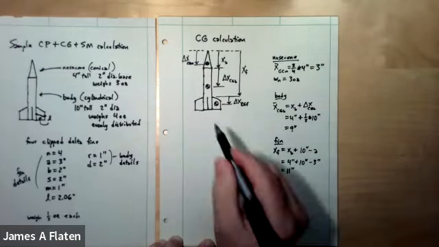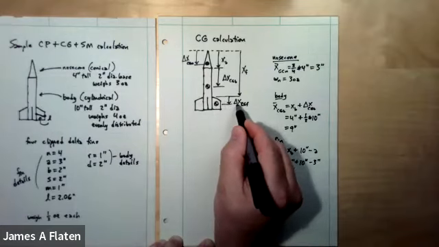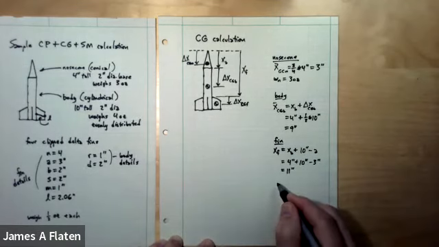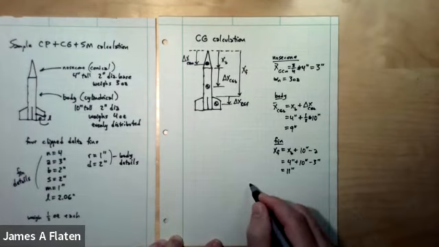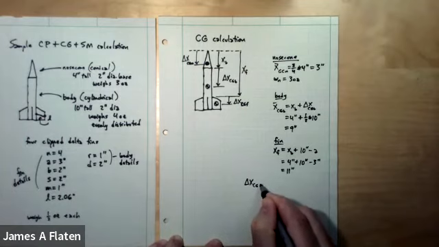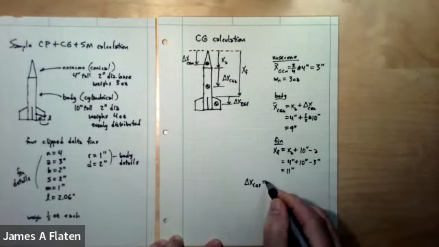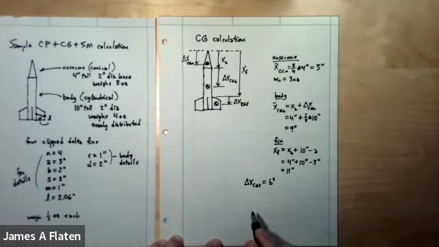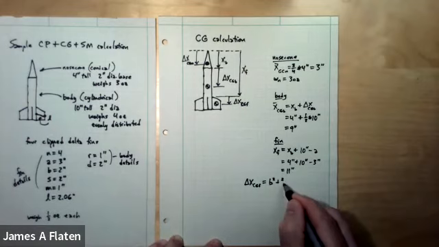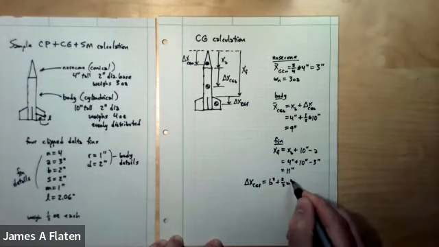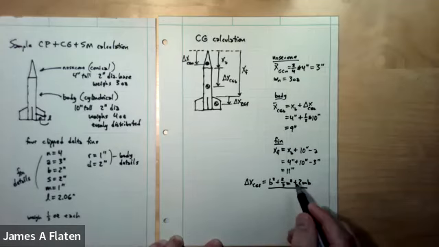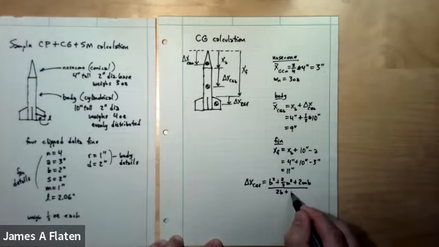And now I need to figure out how to calculate this distance, delta x CG, for the fin. Okay, that's one of those complicated equations. I'm going to move over here just to give me a little more space. Delta x CG for the fin is equal to, from the slides, b squared plus 2/3 m squared plus 2mb, divided by 2b plus m.